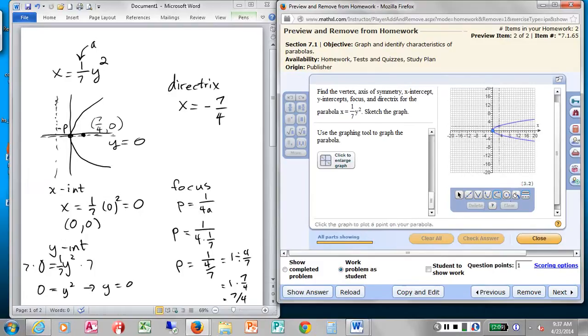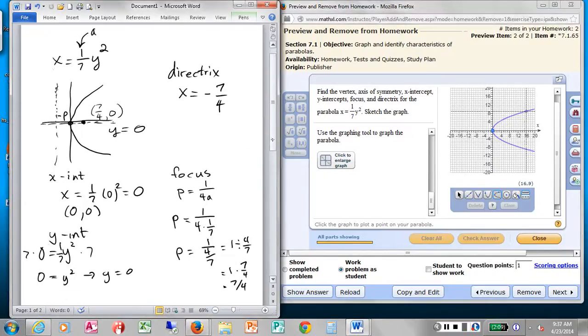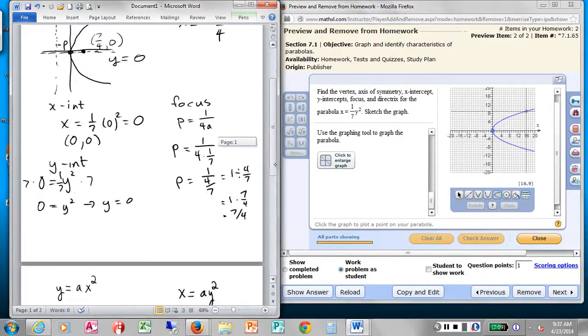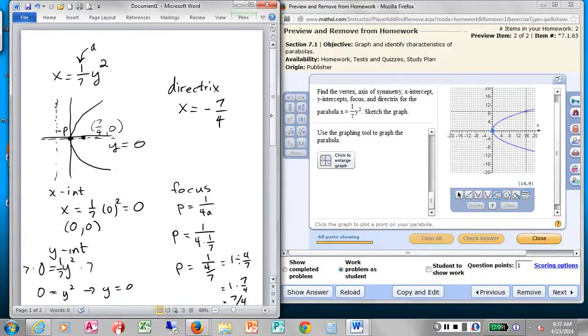And then they're going to want one other point. Well, to get this other point, scroll down just a little bit. Maybe get a new page here.